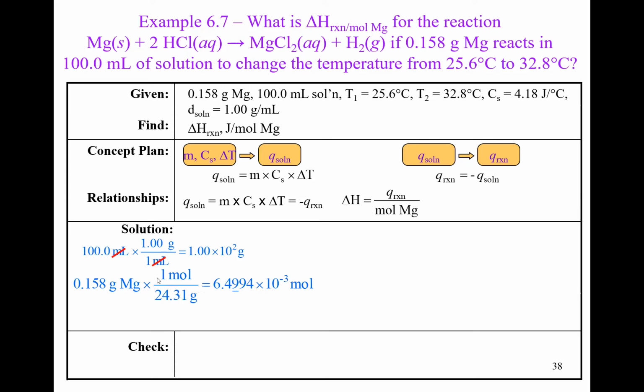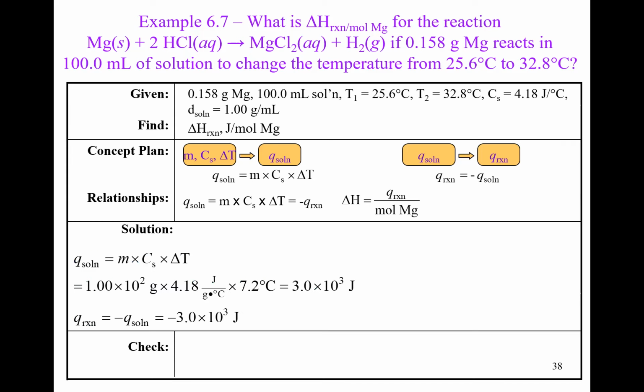So mass off the periodic table, right? That's last couple chapters, last exam. So here's the new part. We use our mCΔT, right? 100 grams of water, specific heat of water, and then that temperature change, right? We went about 7 degrees up, 25.6 to 32.8. So that's where the 7.2 came from.